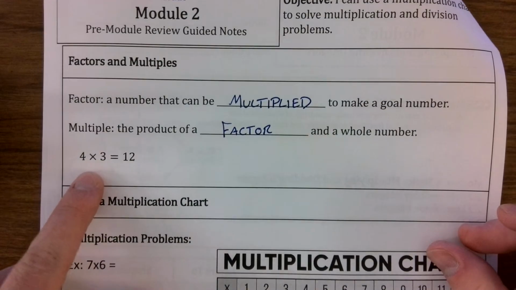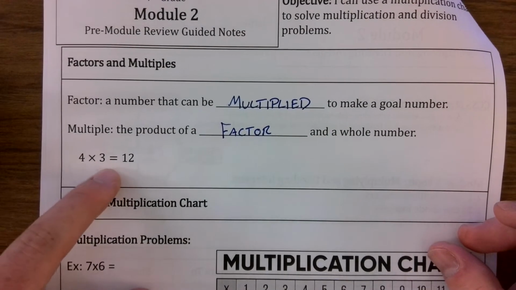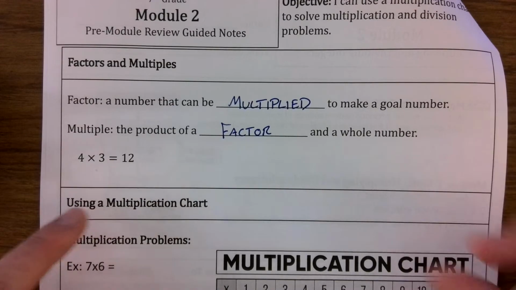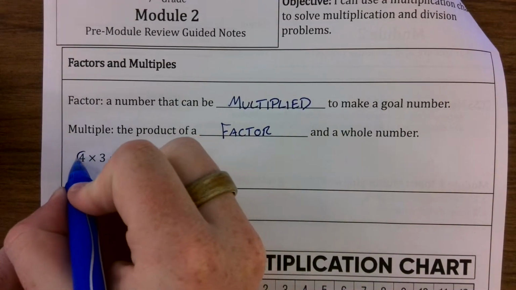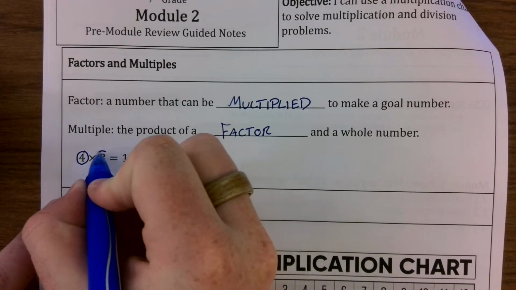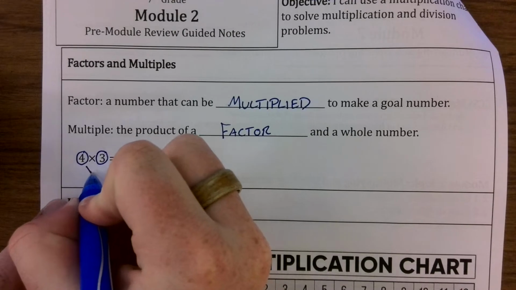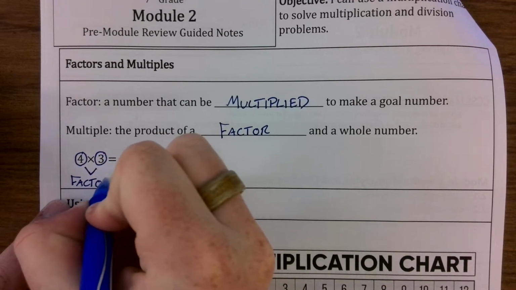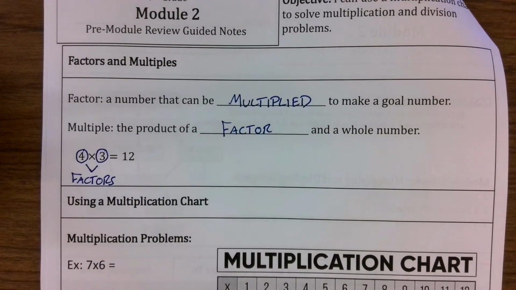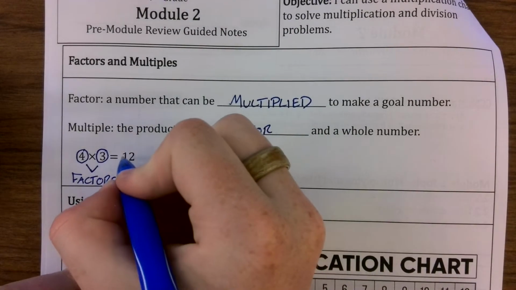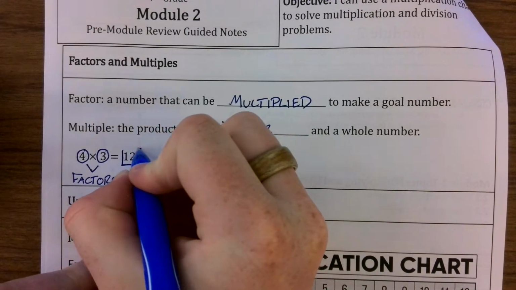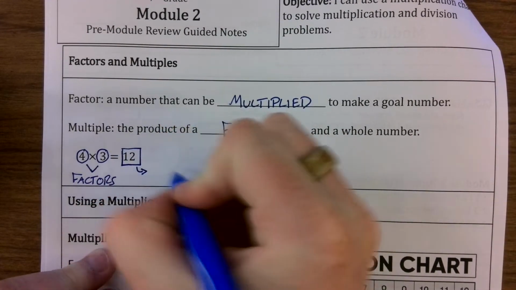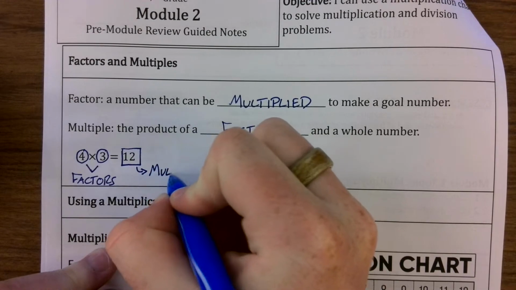If we have the problem 4 times 3 equals 12, let's label these. Here, 4 and 3 are both factors. They are what's being multiplied. 12 is a multiple.